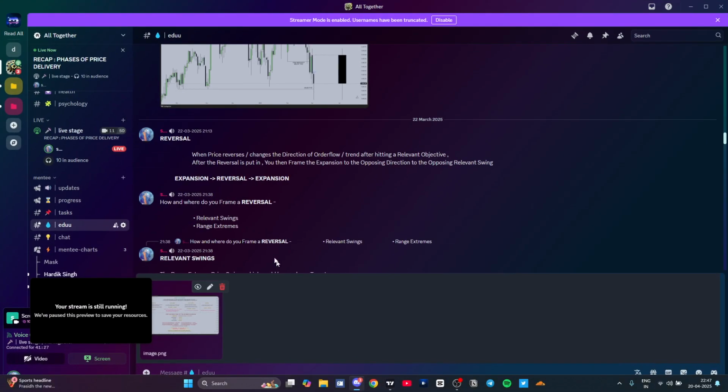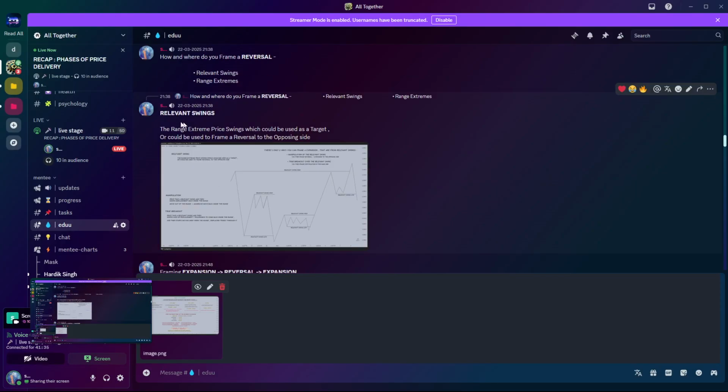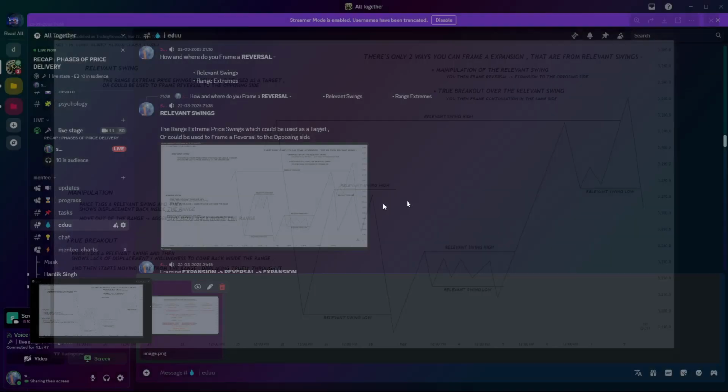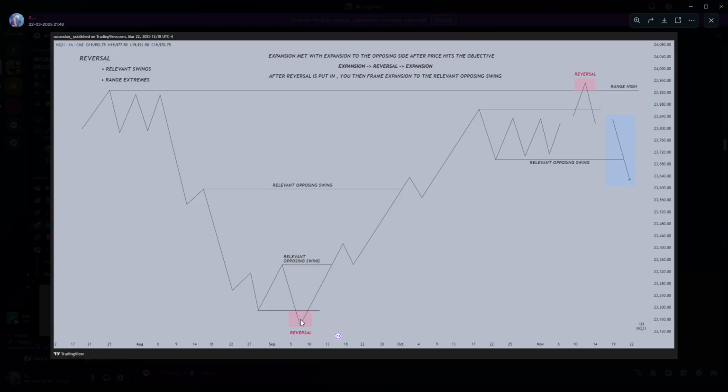Systematic approach. How do you frame reversal? Relevant swings, range extreme. Relevant swings, I have talked much about them. Relevant swing, price reversing off a relevant swing, you then look to frame this following expansion to the objective. Relevant swing, price framing reversal off over there, you would then look to frame this expansion higher.